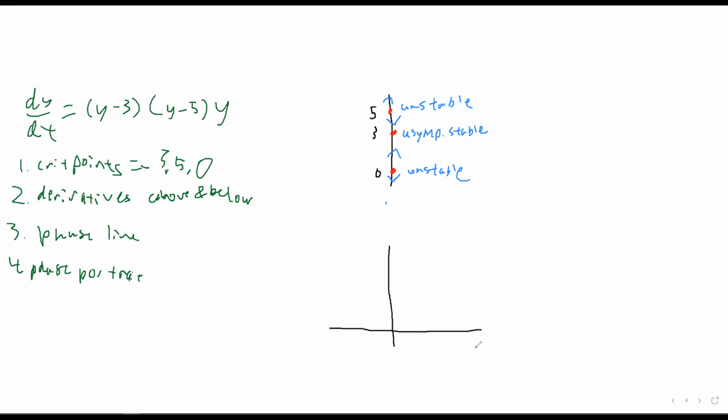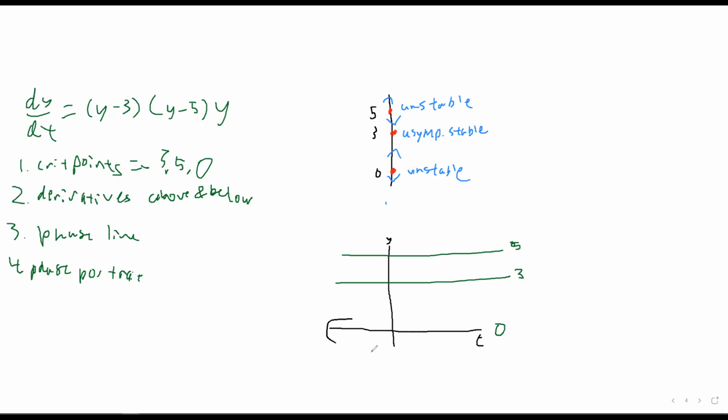So we just need a bit of space below 0 to draw stuff. So let me draw, we need to draw a line for 3 and a line for 5. 5, 3, and 0. And this is our y-axis. This is our t-axis.